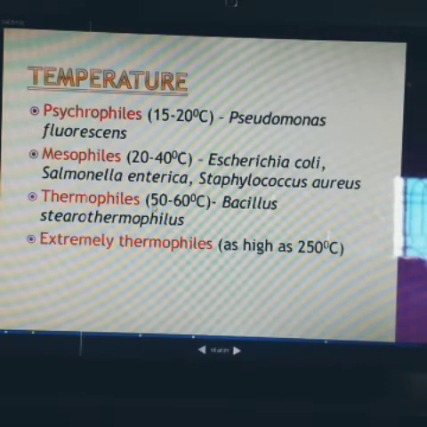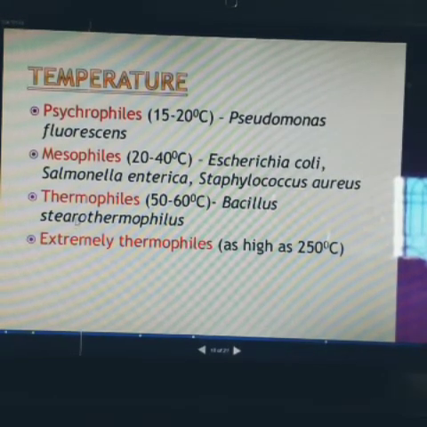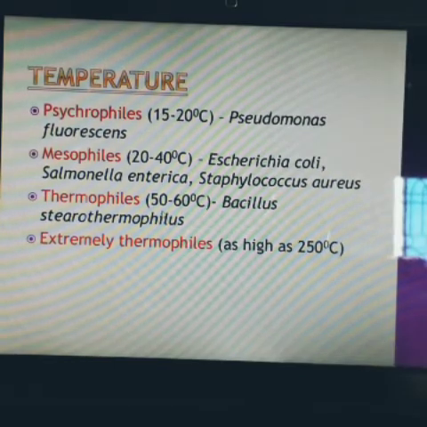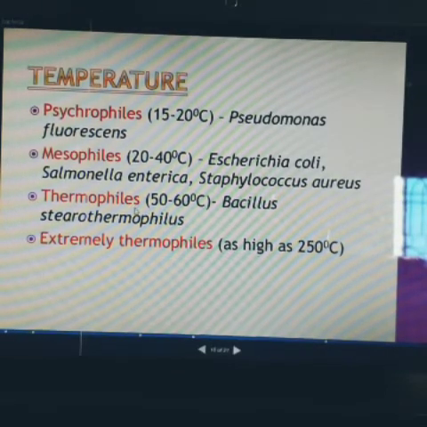These bacteria can live at 50 to 60 degrees temperature. An example is Bacillus stearothermophilus. You find 50 to 60 degrees temperature in places like the Jaisalmer desert in Rajasthan, and bacteria can live there. This one is thermophilic bacteria.